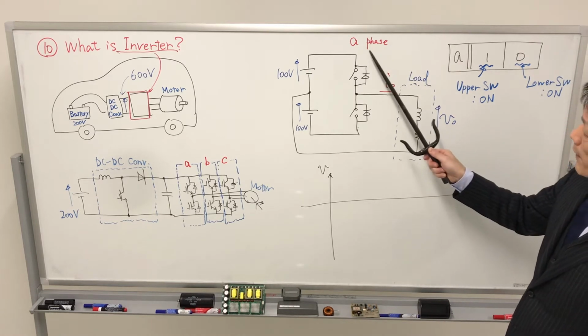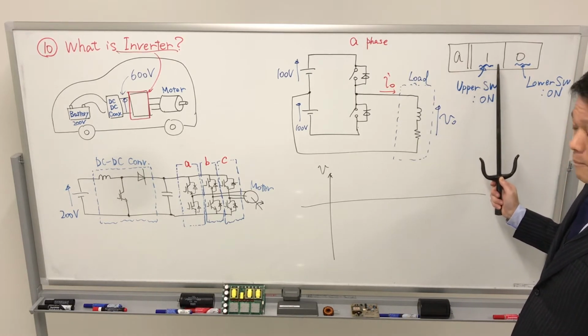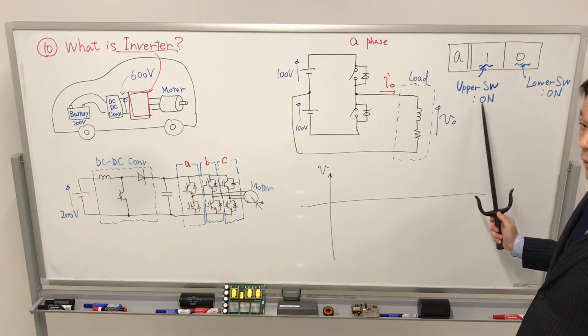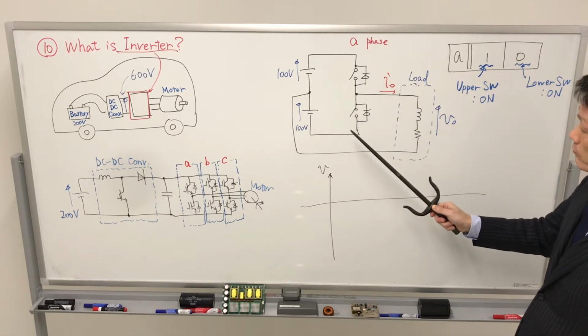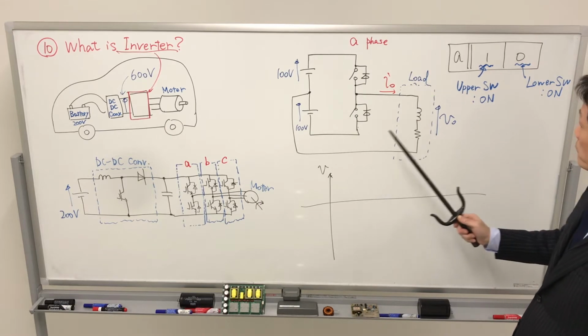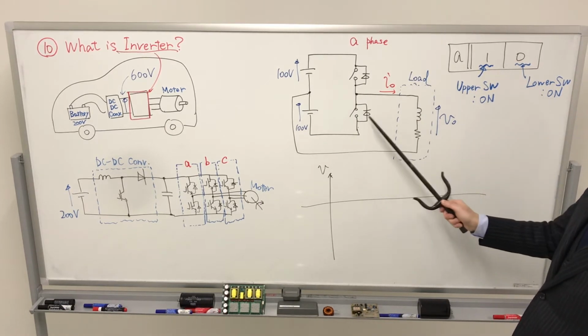In the case of the A phase, 1 means the upper switch is turned on, and that means the lower switch is turned off. In the case of 0, the lower switch is on.